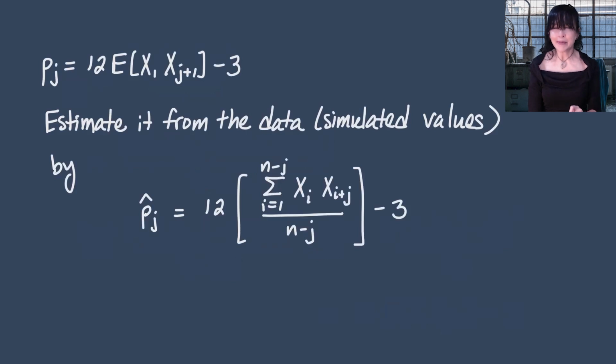Because this estimator does depend on n, the sample size, I'm actually going to start calling this rho sub j hat. I'm going to call it rho sub j comma n hat.